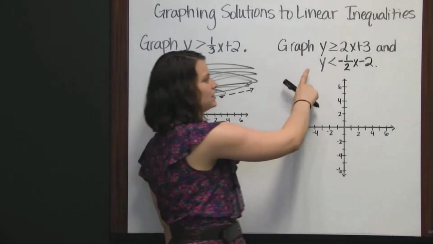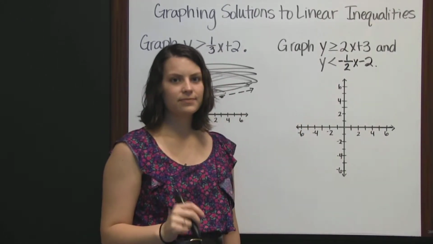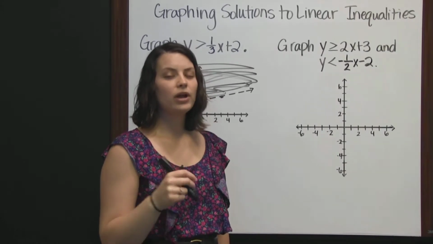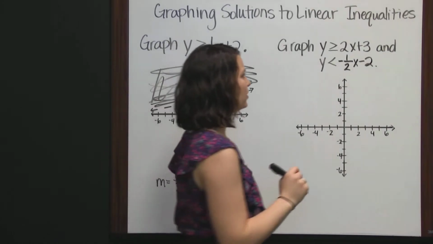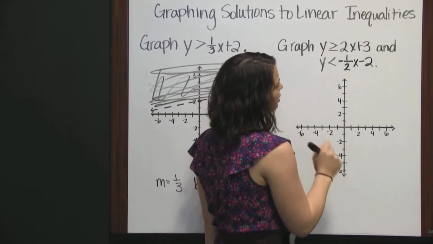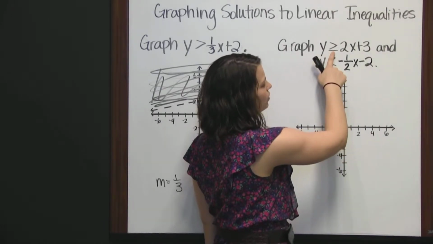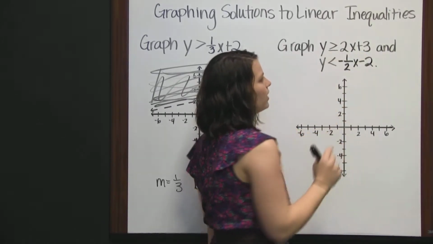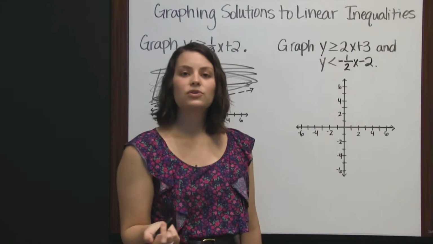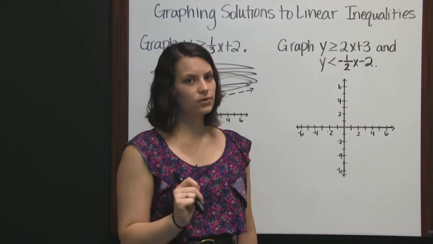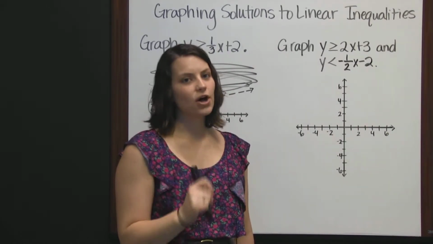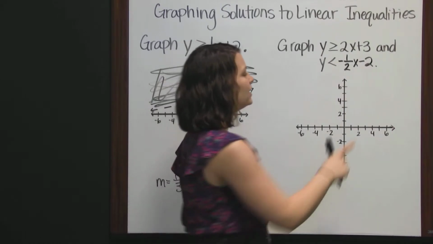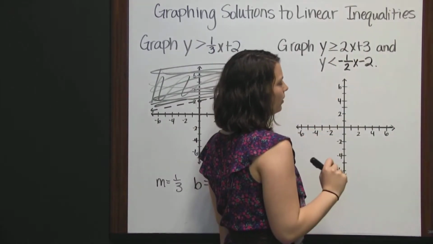Now we're going to graph a system of inequalities. The same rules apply, but where you shade is a little bit different. So first we're going to graph y is greater than or equal to 2x plus 3. Since it's greater than or equal to, we use a solid line. And again, it's in slope-intercept form.